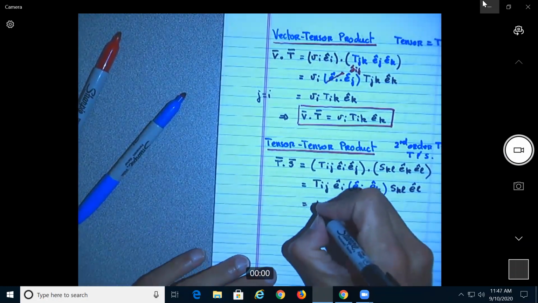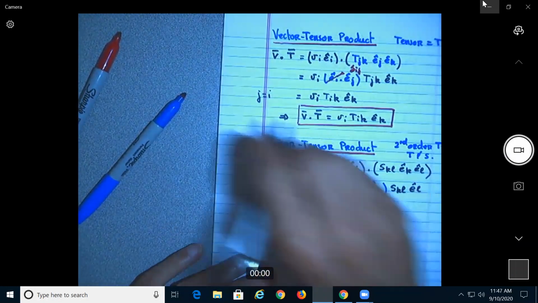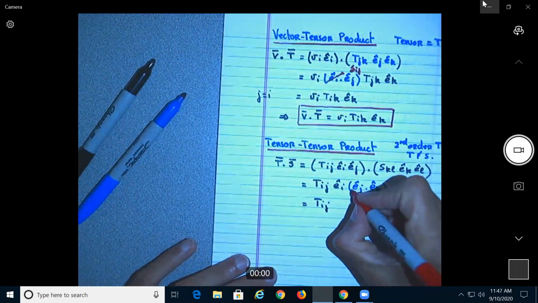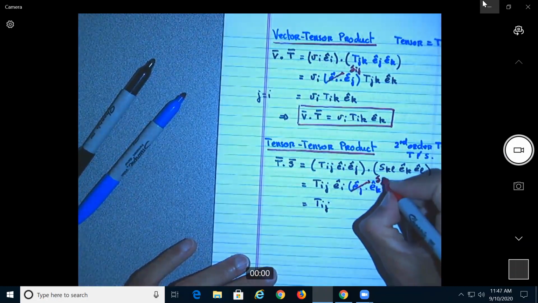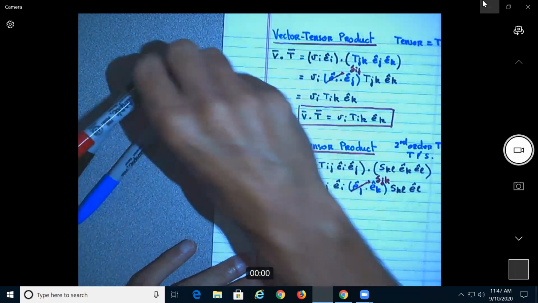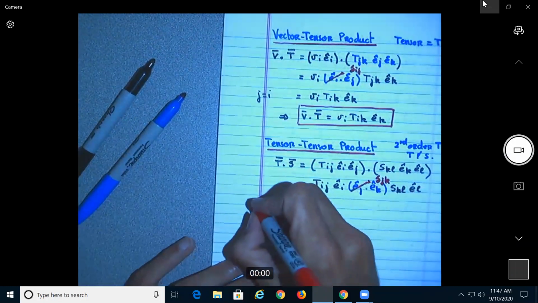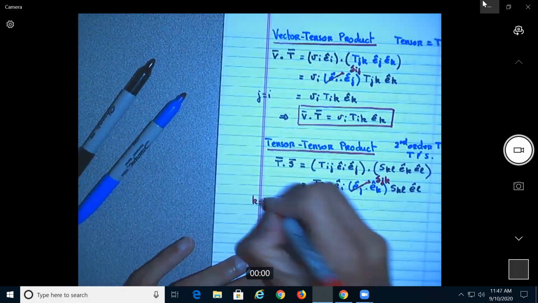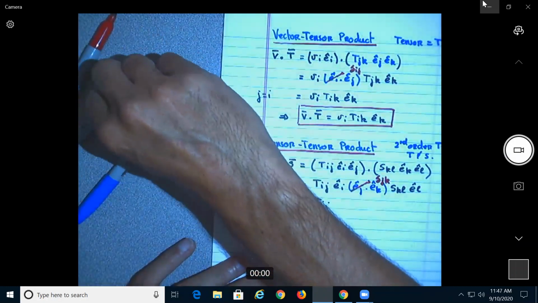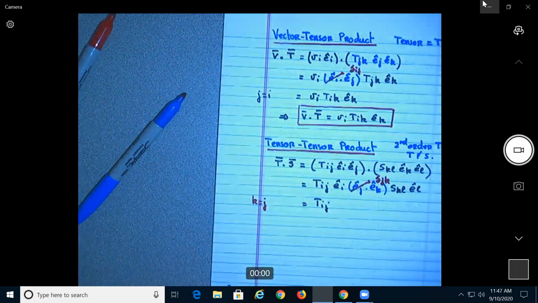This will give you Tij, and again, this will be equal to delta Jk. So we do for K equal J. It will give you what?